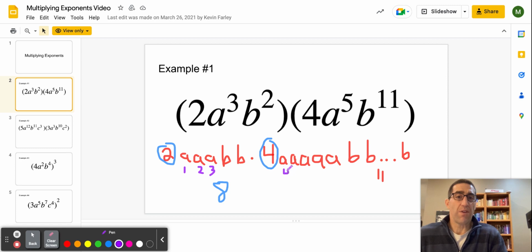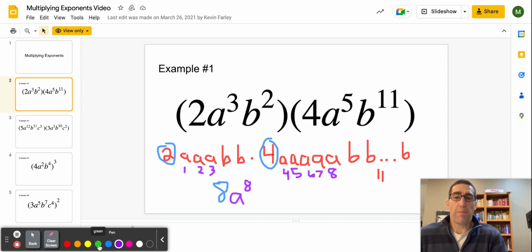This is my fourth, my fifth, my sixth, seventh, and eighth. That also makes sense because I've got 3 a's here and 5 more a's here. So that means I have a to the 8th power, as I was able to count up.